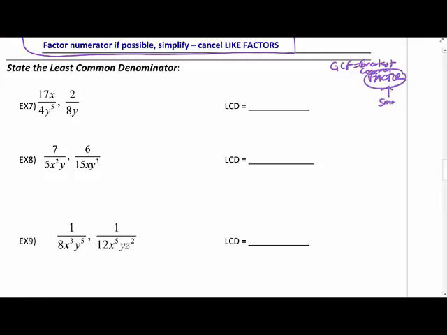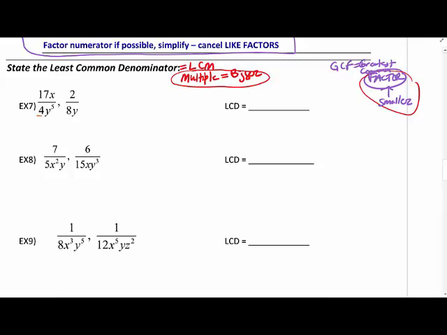Factors are smaller. A least common denominator is actually a least common multiple. It just happens to be in the denominator. And multiples are bigger. So it's very, very easy to confuse these words. Stop if you find yourself mixing them up. Factors are smaller. Multiples are bigger.